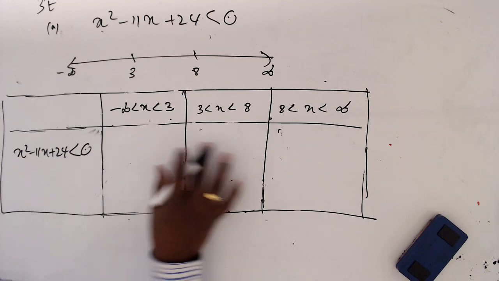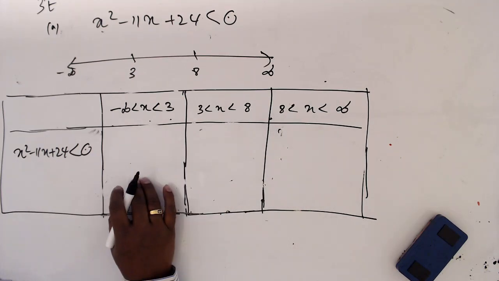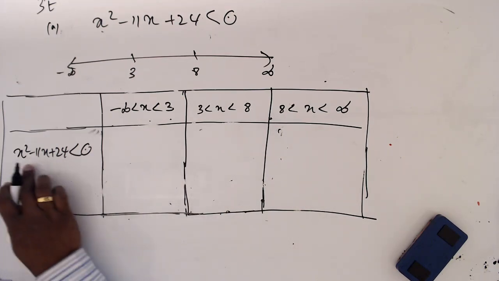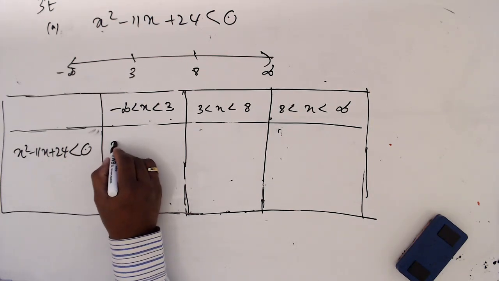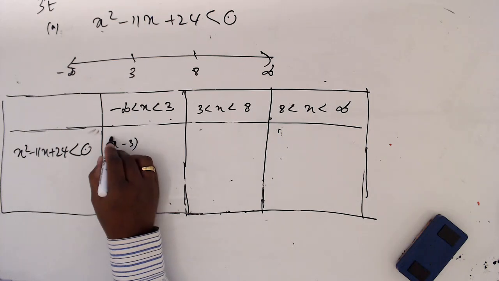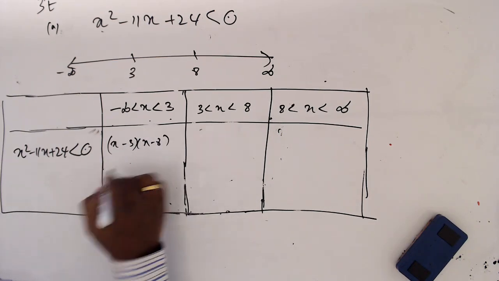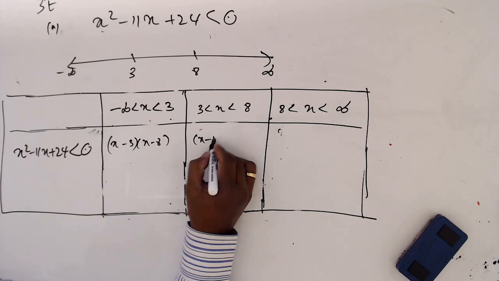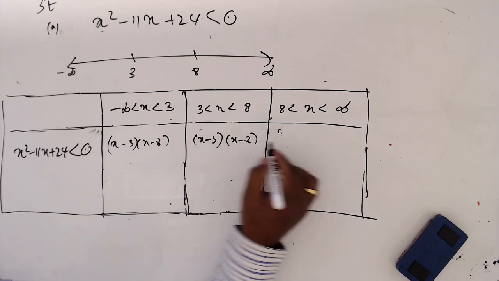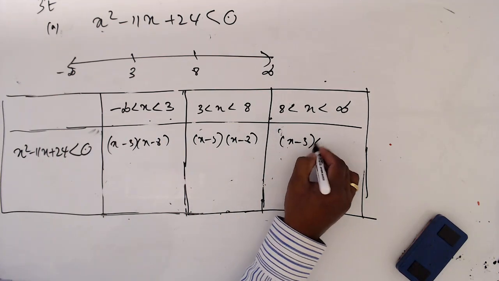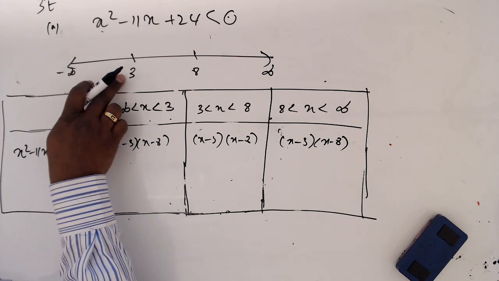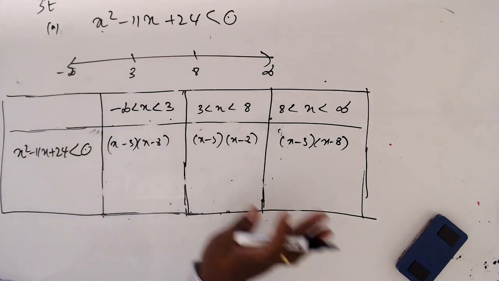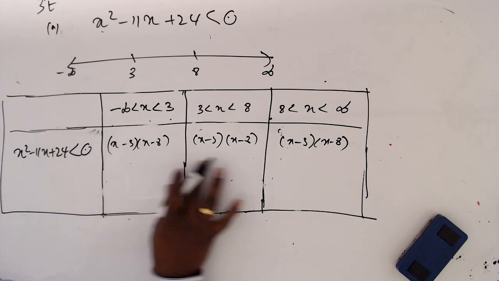Here, still I'm going to check whether it is positive or negative, but I'll write this expression in root form. So we know that it is x minus 3, x minus 8. Now this is the technique, right? We write like this.